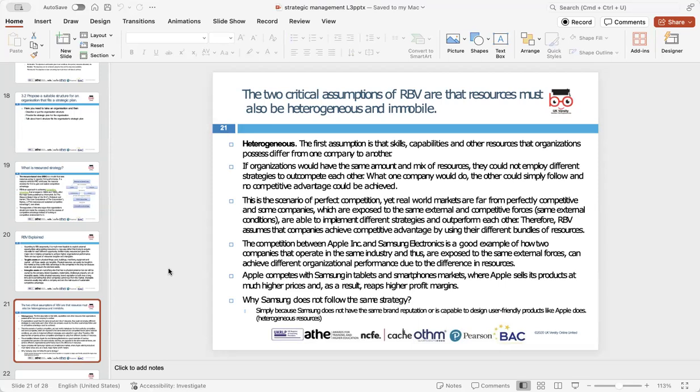If all organizations had identical resources, they would likely employ similar strategies, resulting in no significant competitive advantage. In such a scenario, firms would merely replicate each other's actions, leading to a state of perfect competition where no company could outperform others.